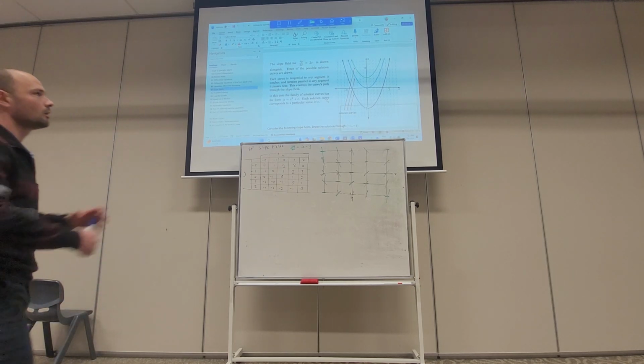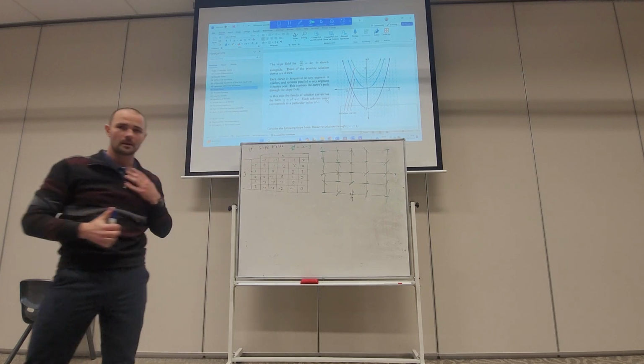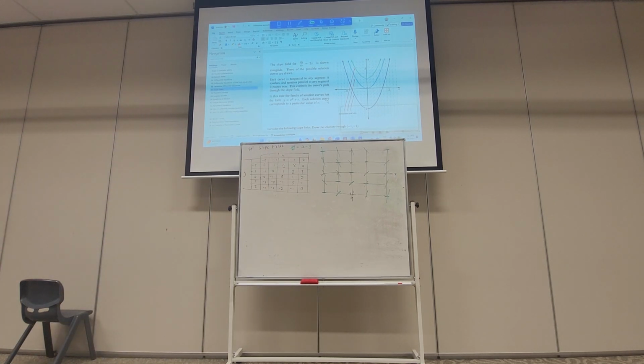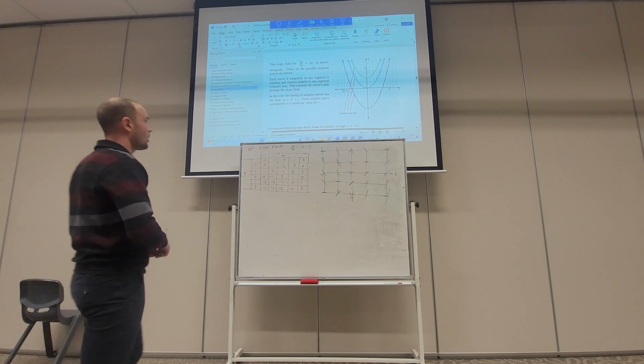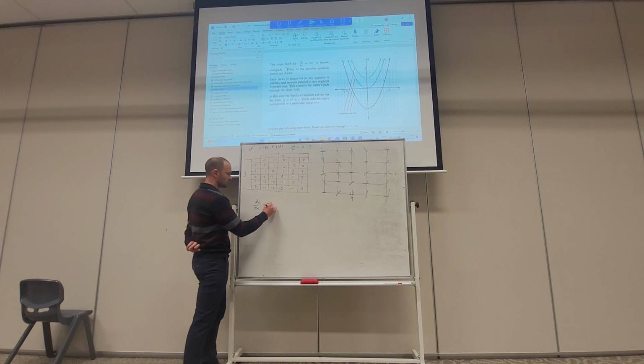So notice how we have lots of lines and they're all sort of following that curved shape. So this illustrates the solutions to the differential equation dy/dx equals 2x.